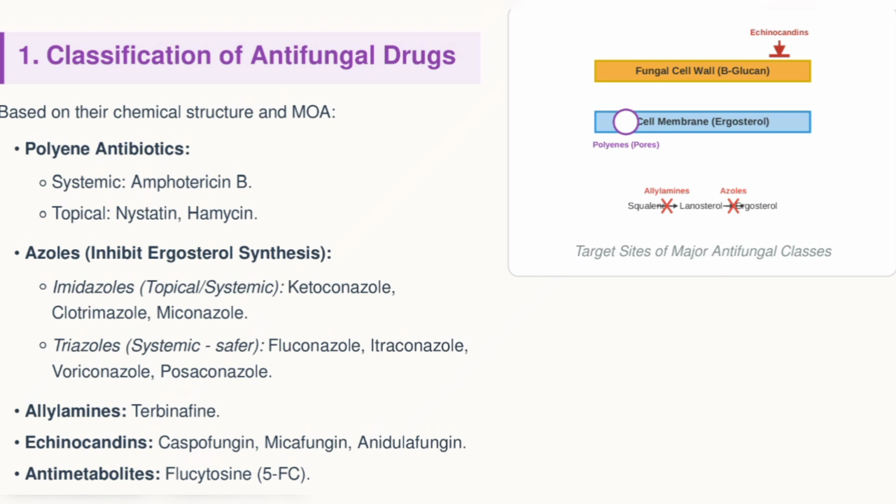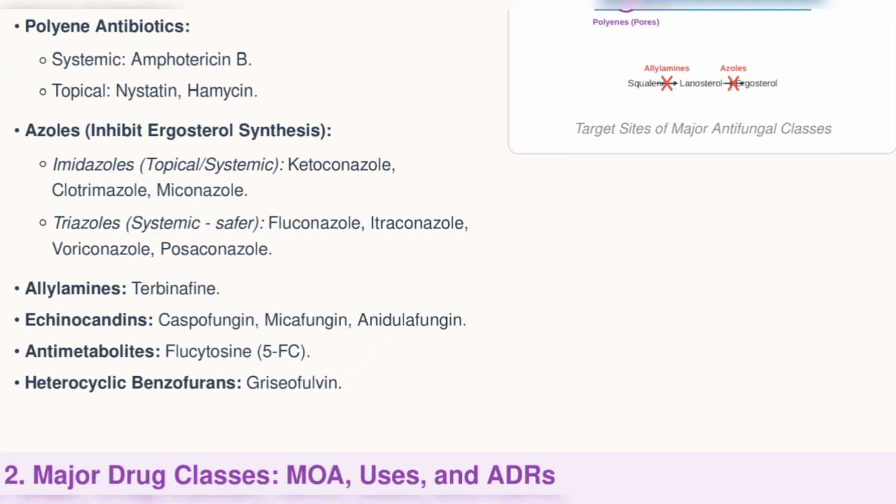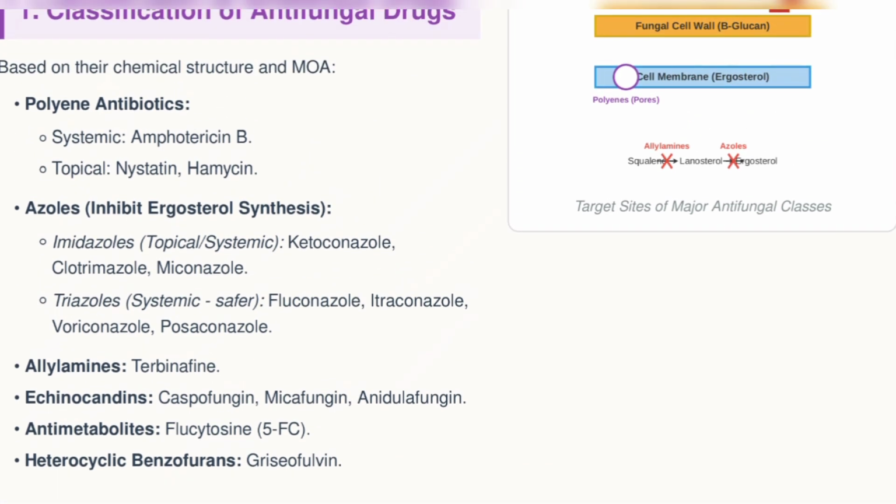Polyene antibiotics, azoles, allylamines, echinocandins, antimetabolites, heterocyclic benzofurans. Polyene antibiotics: systemic amphotericin B, topical nystatin, hamycin. Azoles inhibit ergosterol synthesis. Imidazoles, topical and systemic: ketoconazole, clotrimazole, miconazole.